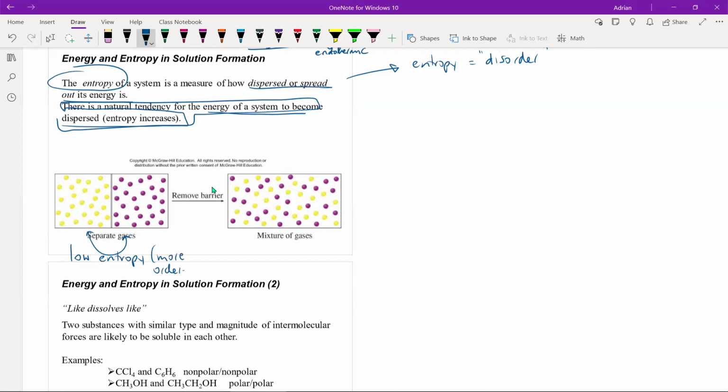And we will talk a lot about entropy and everything involved with it if you stick around and take General Chemistry 2, Chem 15. The natural tendency then, again, is for systems to have their entropy increase. So if we remove that barrier, these gas particles will mix with each other, and that leads to an increase in entropy. So we say higher entropy, or more disordered.